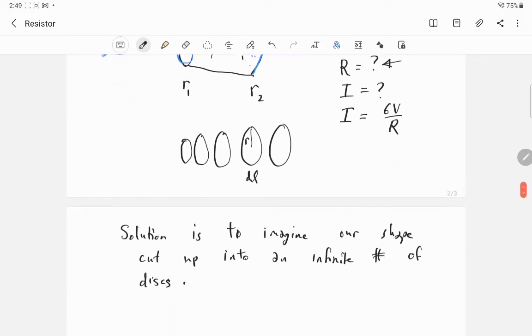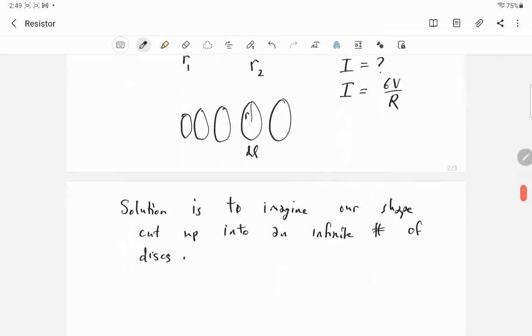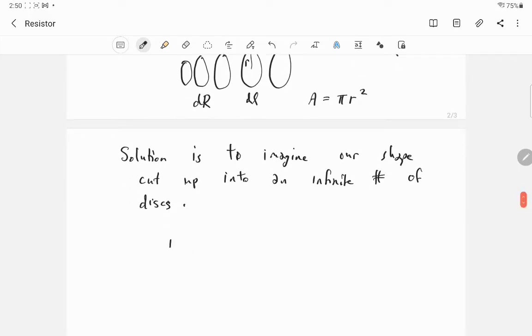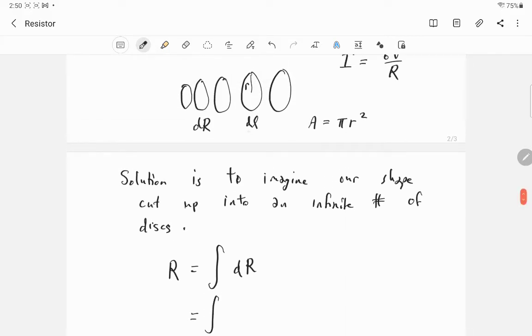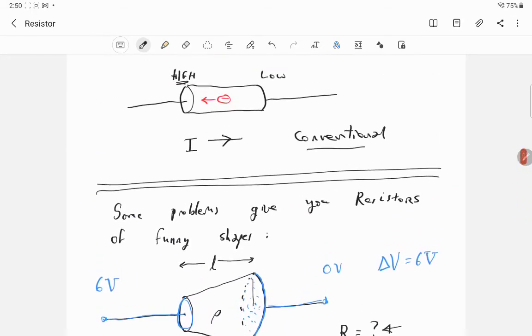So each disk has an area that's just pi r squared, and the thickness is dl. And we're going to imagine that each of these disks gives us a small piece of resistance, and the total resistance is the sum of all the small resistances. So each disk has a resistance, right?